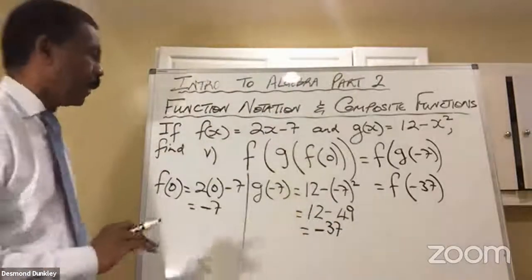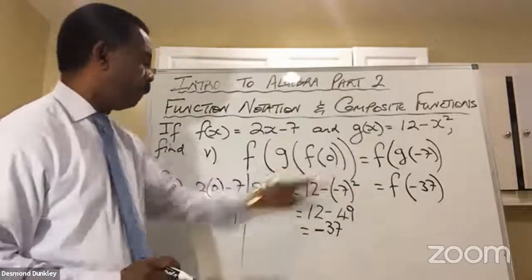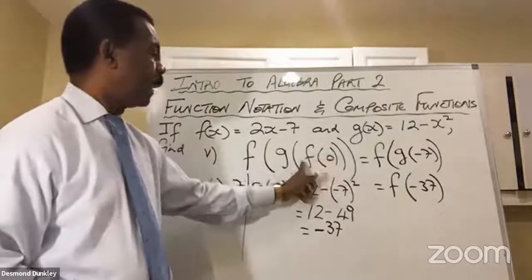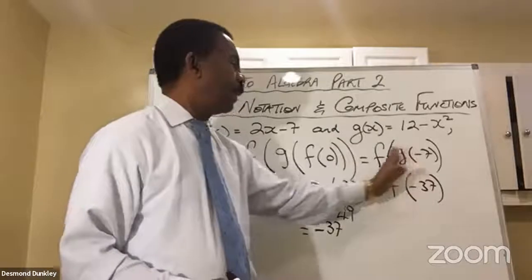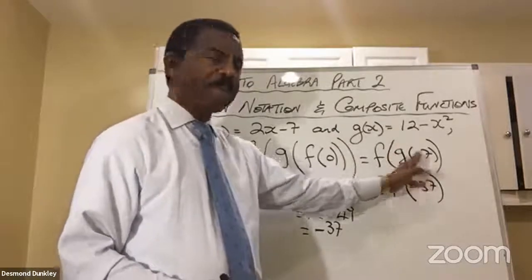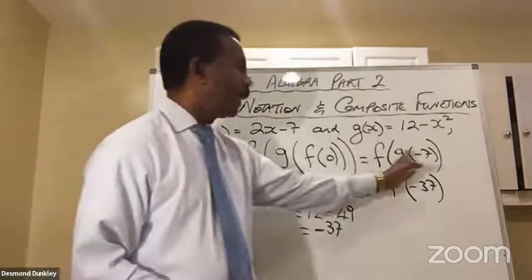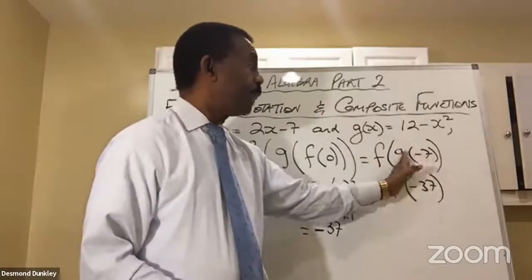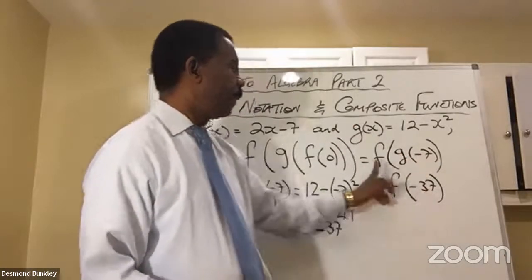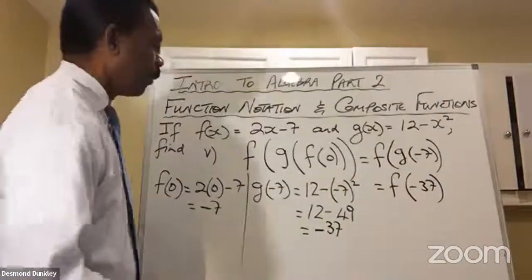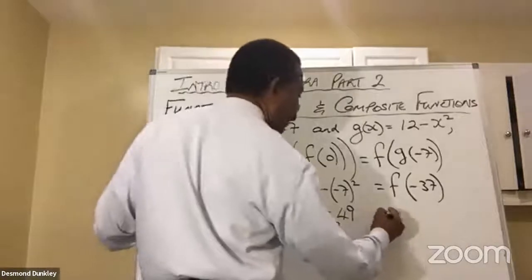Let's back up and see what we did. First thing we did, we found f of 0, we got -7. So we replaced the f of 0, we put -7. So now we need to find g of -7. We did that, we got -37. So now we replace the g of -7 with -37. We need to find f of that final result, and we're good to go. And what is f of -37?